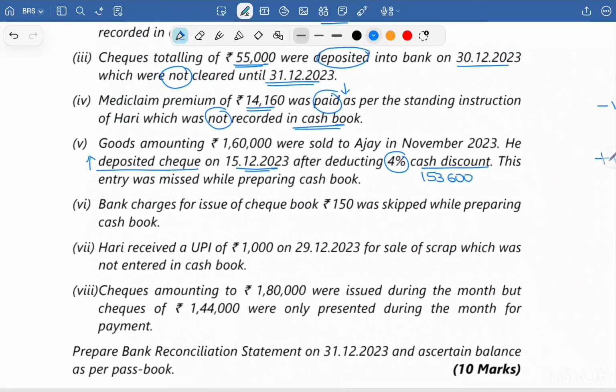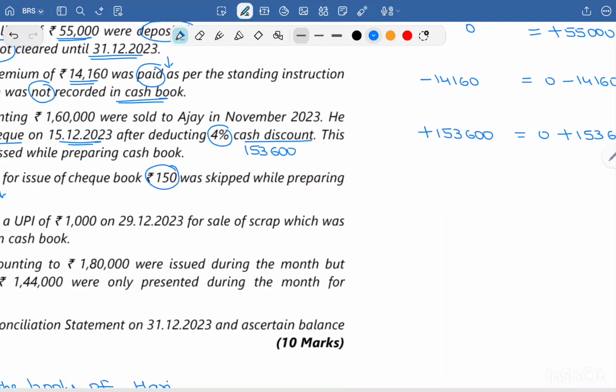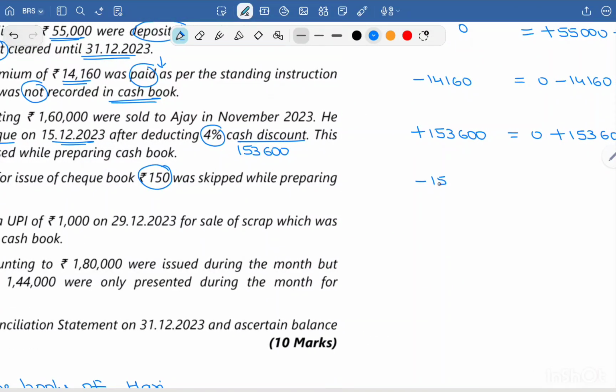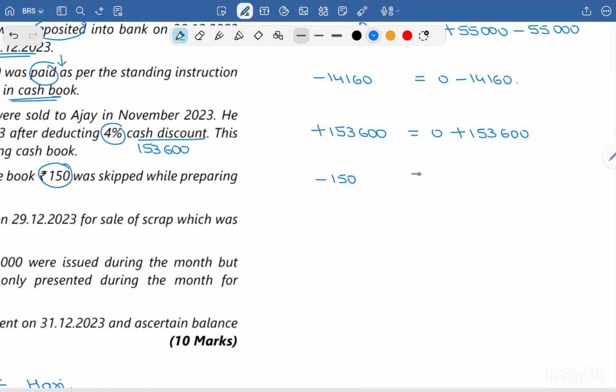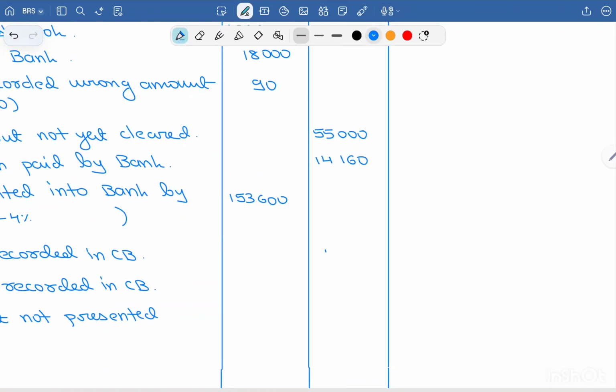Next adjustment. Bank charges. Because of that my balance will decrease. For issue of checkbook, rupees 150 was charged, but not entered while preparing the cash book. So passbook there is a decrease of 150. Cash book has remained the same 0. So we have to deduct 150 here. So less column 150 rupees.